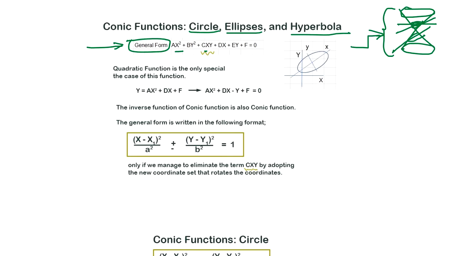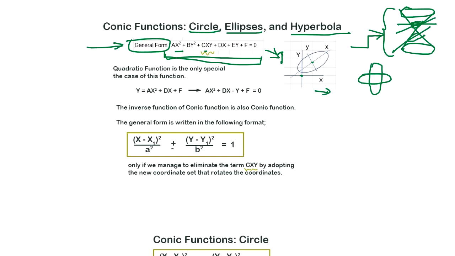In this equation, the ellipse could be tilted, not necessarily horizontal or vertical, and the center is not necessarily the origin of the xy coordinate. So this is a very general form, and depending on the coefficients, it becomes a hyperbola or a circle.